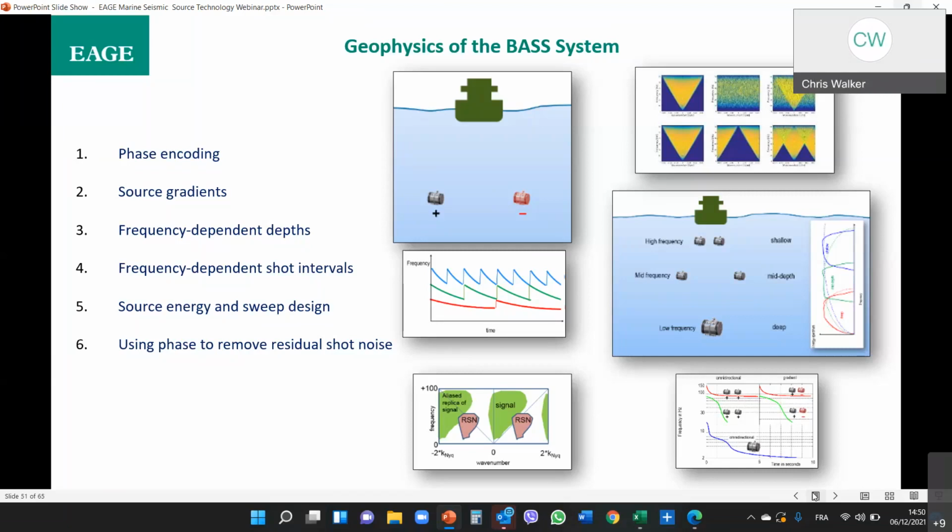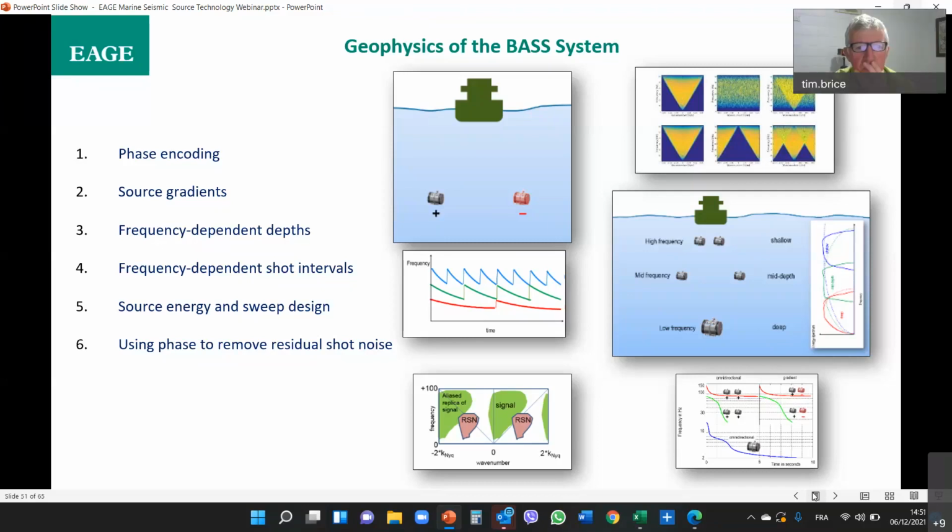I think you can use slip sweep, but I suspect there are going to be better coding sequences because you have more consistent coupling in the water than you do onshore. That's so true. I think the idea of phase encoding and some of the radar and acoustic type coding sequences used to allow simultaneous source will actually give you better separation than simply slip sweep.